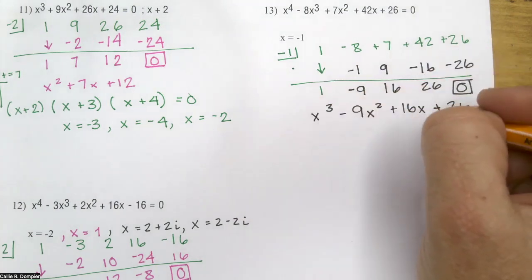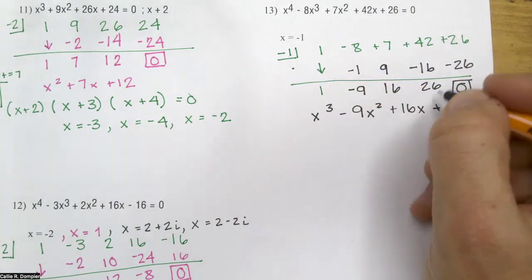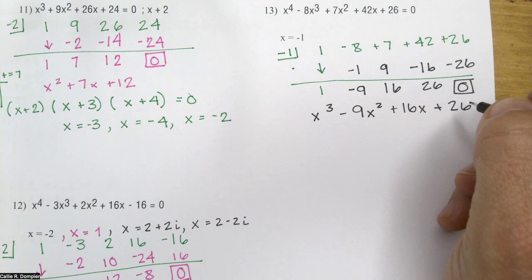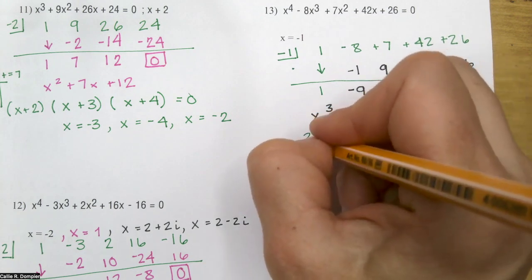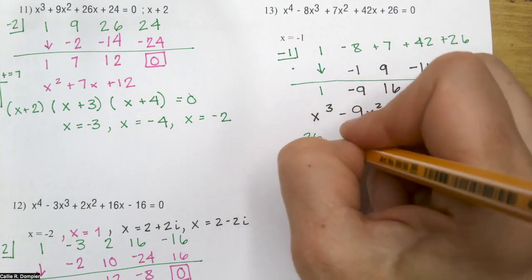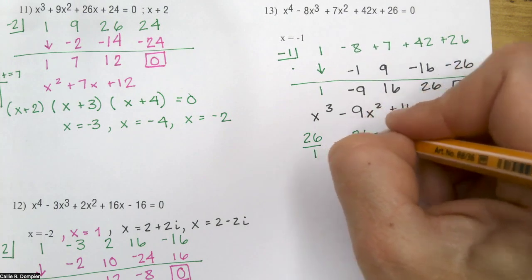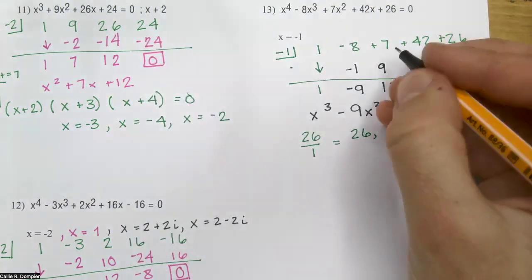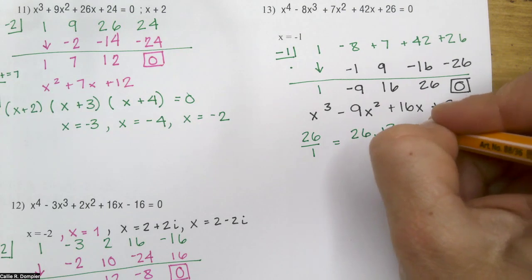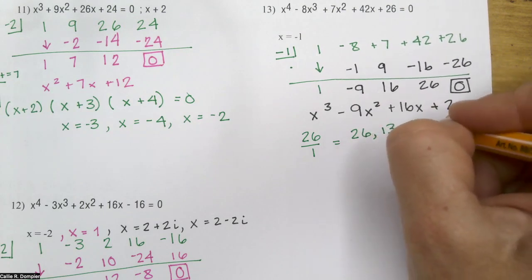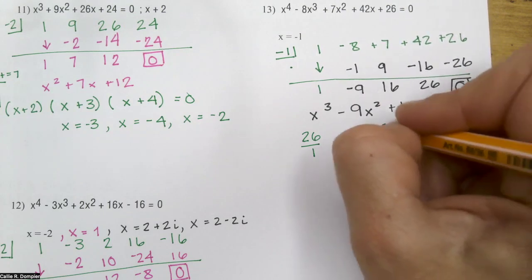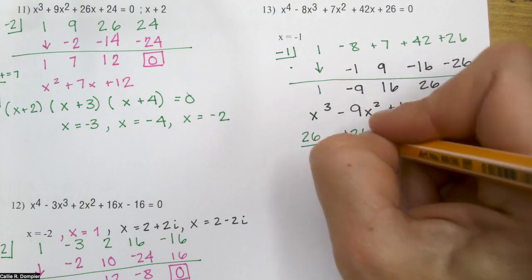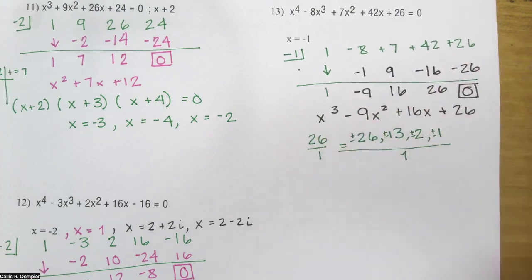So we're going to do p over q. So we're going to do 26 over 1, right? So that could be 26. 26 divided by 2 is 13. 2 and 1. And remember, it's either positive or negative, all over 1.